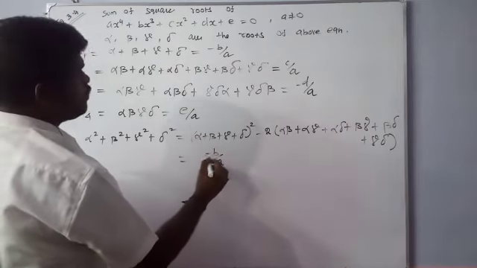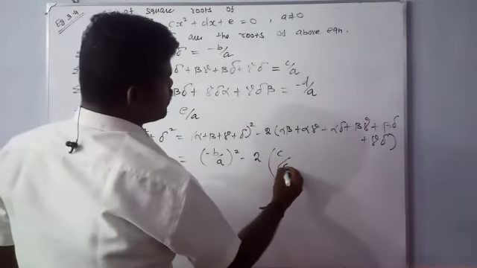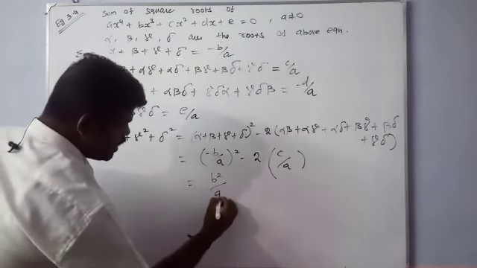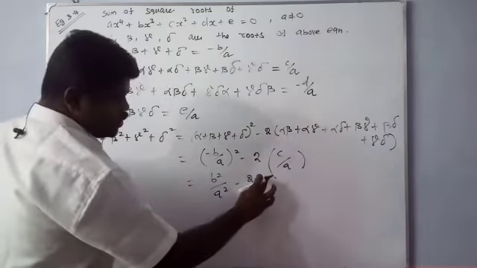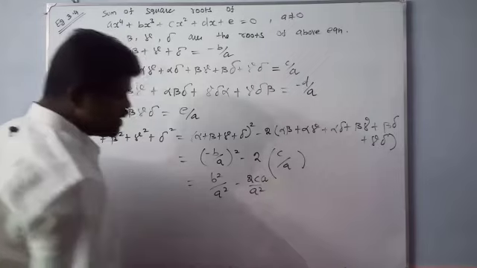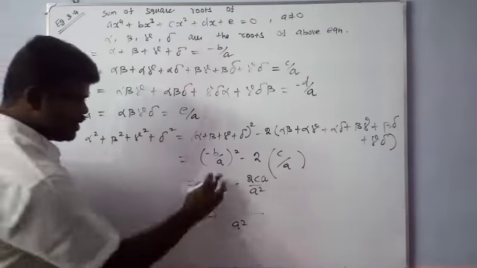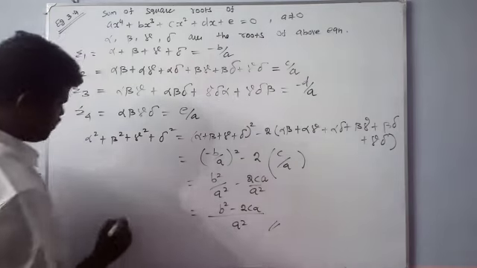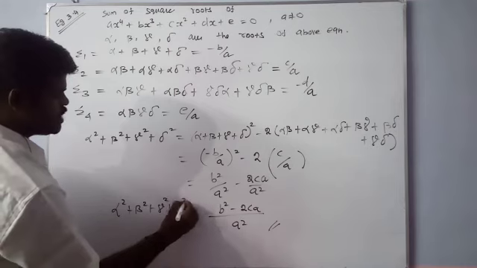Minus B by A whole square minus 2 times of, this value is C by A. Square this: B square by A square minus 2C by A. Multiply by A in numerator and denominator. What is the value? 2CA by A square. Here the denominators are the same, so we can write A square. Here b square minus 2ca. This is the required value of alpha square plus beta square plus gamma square plus delta square.